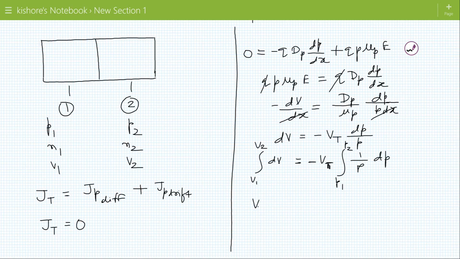So this is V2 minus V1, that is V21, and in the right side we have Vt, integration of 1 by p is natural log of p, lower limit P1, upper limit P2.